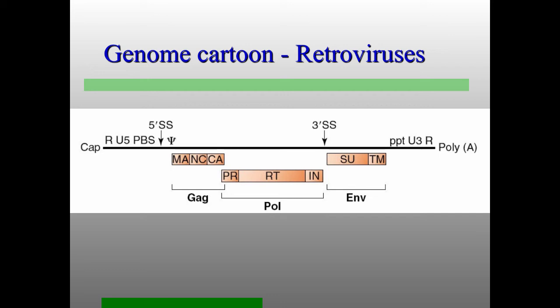Classic retrovirus: the genome is basically a messenger RNA with a cap and a poly A tail, with a repeated sequence and unique sequences at either end, 5' and 3', and then these three sets of genes: gag, the group-specific antigen, most of these are the structural, particularly the nucleocapsid proteins; the polymerase genes, which are all of the enzymes, not just the reverse transcriptase; and then the envelope proteins. These are the ones which are going to be sticking out in the envelope.